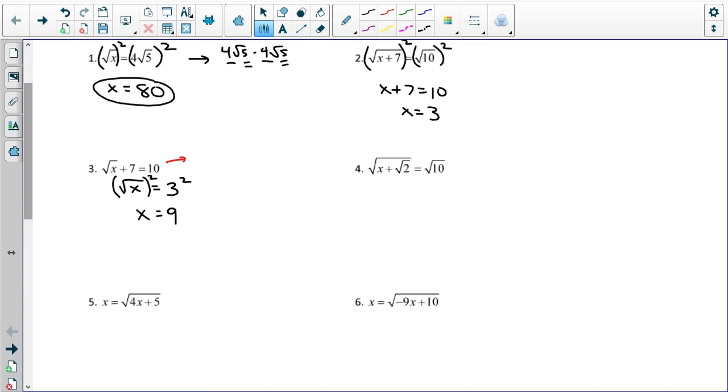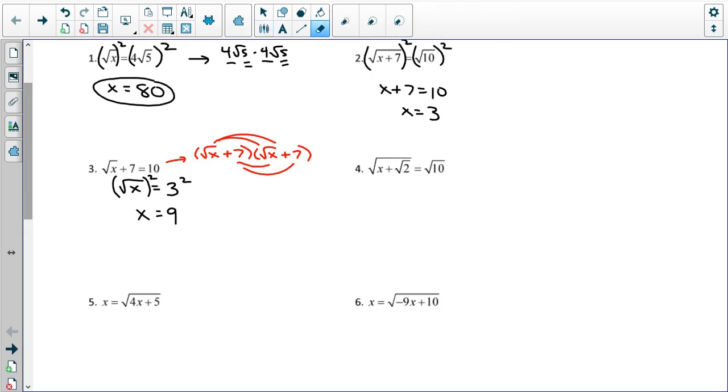It's just you have to actually square both sides. So if you wanted to square root x plus 7, you would have had to write root x plus 7 squared, do it twice, and it actually makes your problem much more complicated. You would have x plus 14 root x plus 49 equals 100, which does not make your problem any easier.